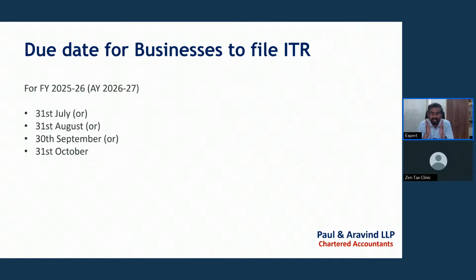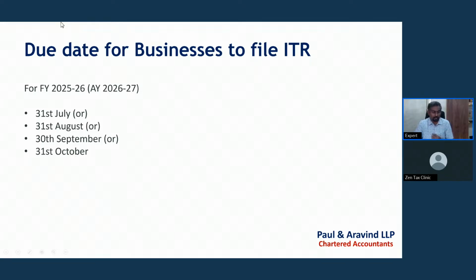But up to the financial year 25-26, we continue to use the words previous year, and most importantly, the terminology under the income tax is with respect to the assessment year 26-27, that is for the year ended 31st of March 2026. Whether the due date to file the income tax return for the various businesses is on the 31st of July, 31st of August, 30th of September, or the 31st of October.